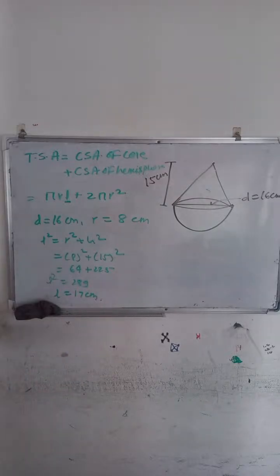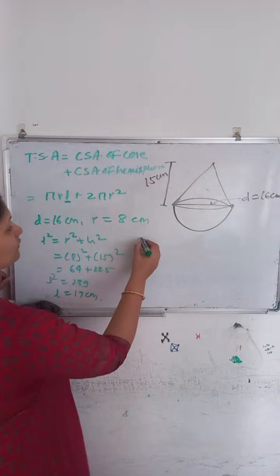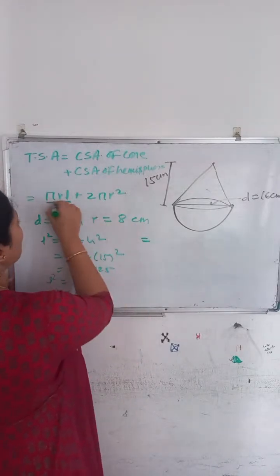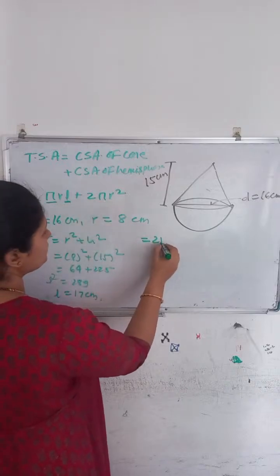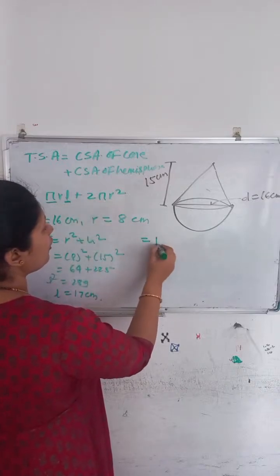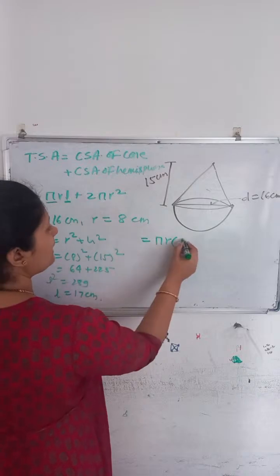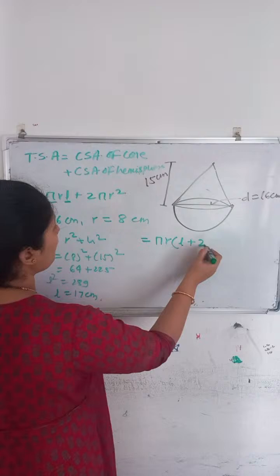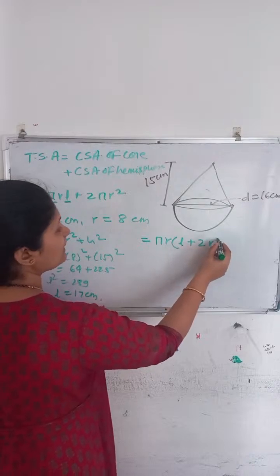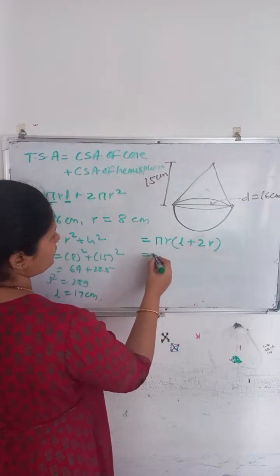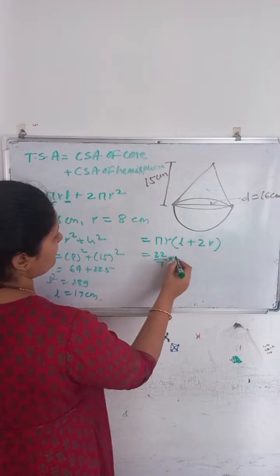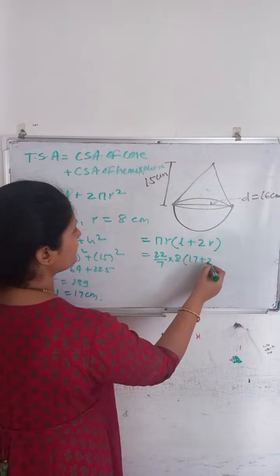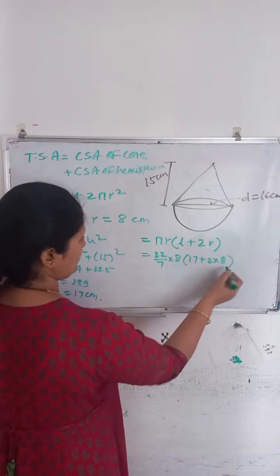So for doing this calculation you will get 1 mark. Now substitute the value in the formula. I will take pi r common. L will remain inside the bracket, I took pi r out, and only 1 r is remaining inside that bracket. So pi is 22 by 7, radius is 8, slanting height is 17 plus 2 into 8.